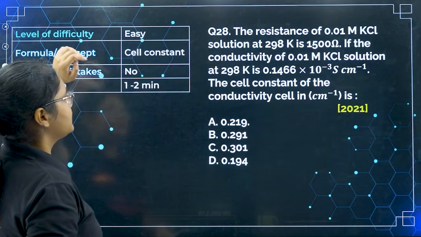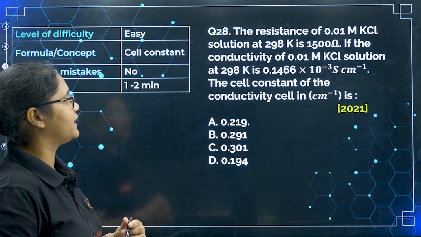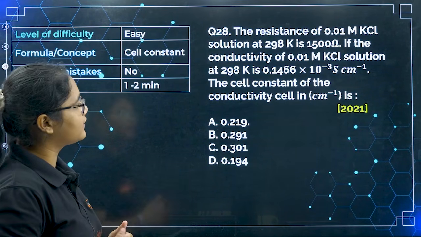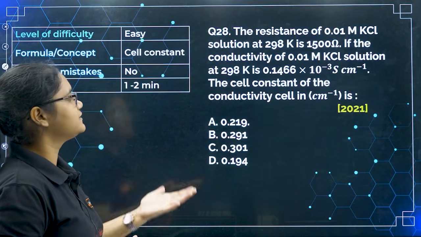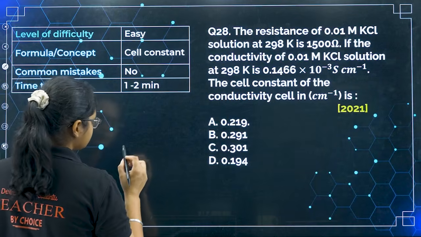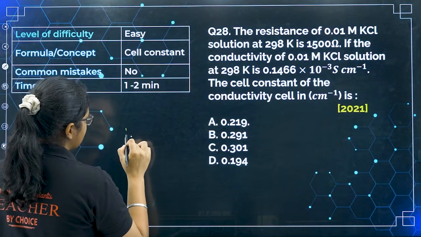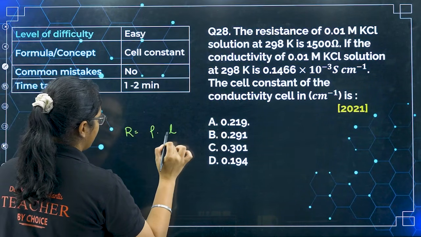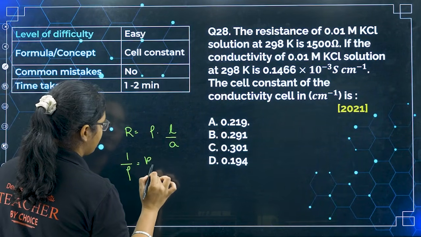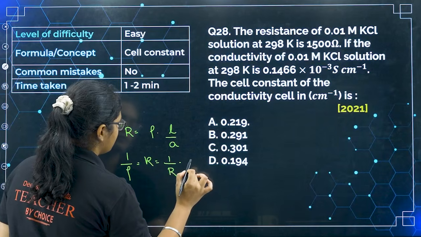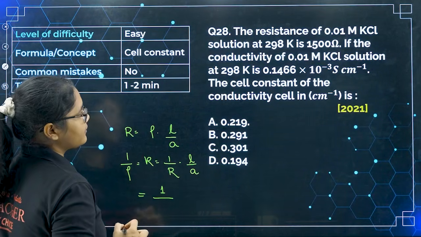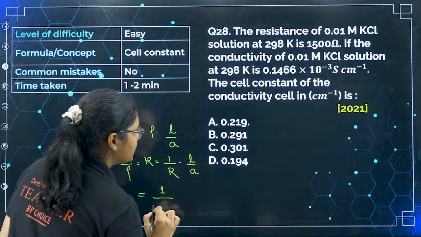Next, the resistance of a 0.01 M KCl solution at 298 Kelvin is 1500 ohms. If the conductivity is given as this much, you have to find out the cell constant. So we have this formula: R is equal to rho into L by A. Or I can write 1 by rho, which is kappa, is equal to 1 by R into L by A. So I have 1 divided by R. What is the resistance given here? 1500.